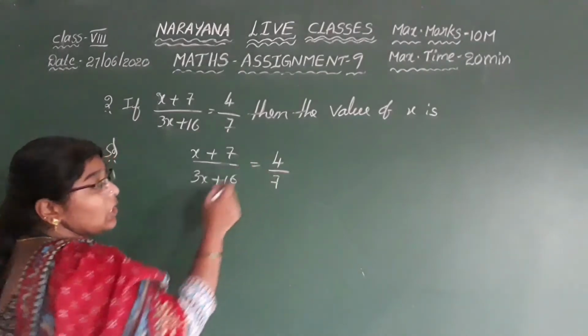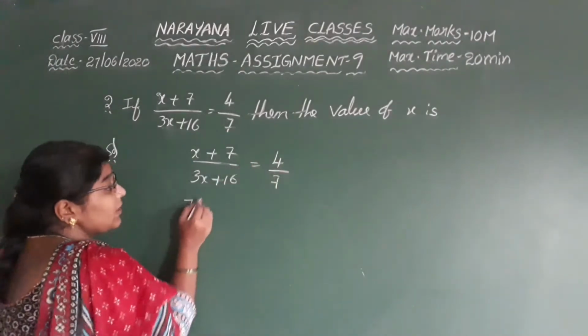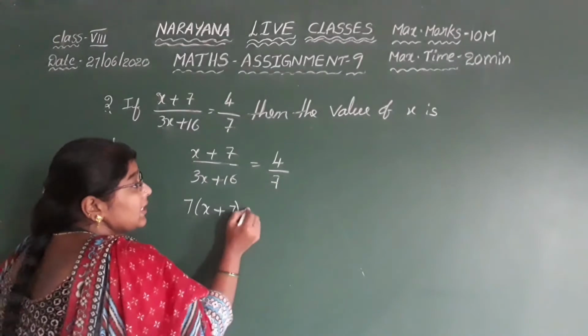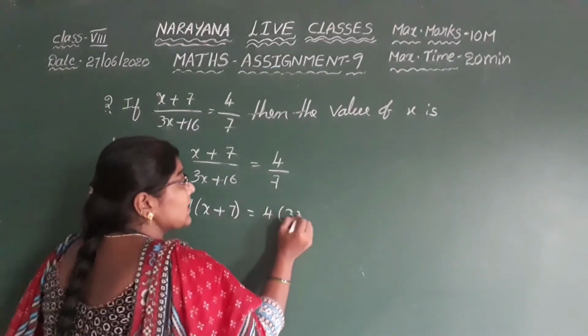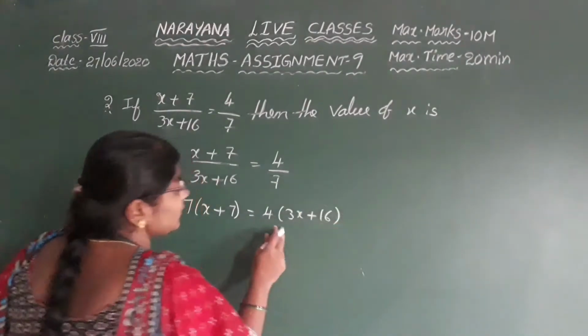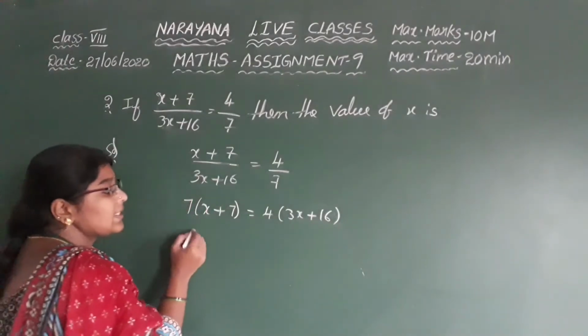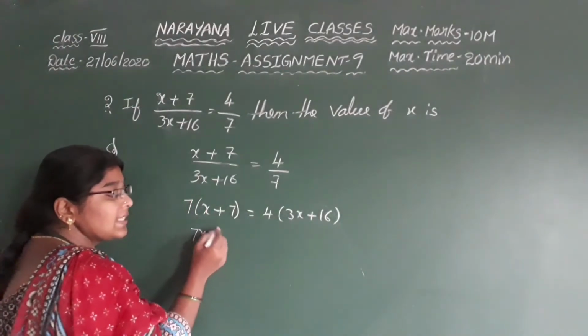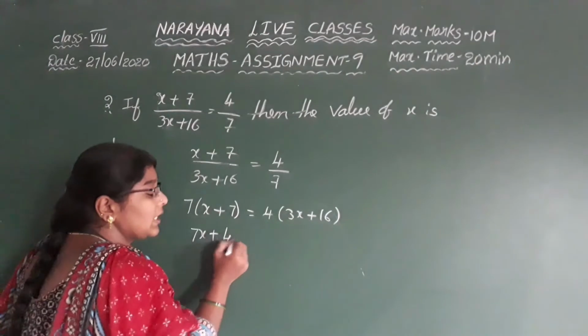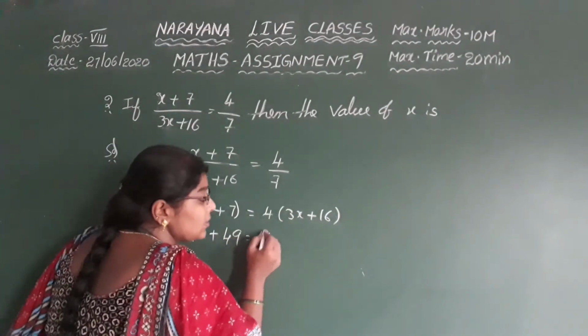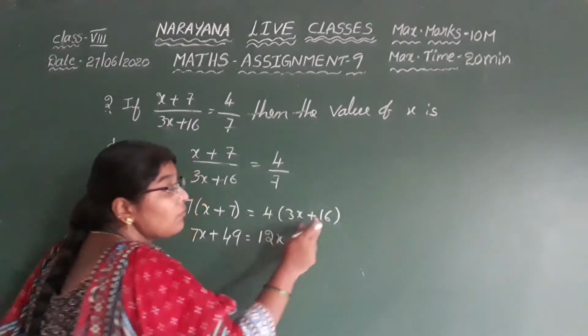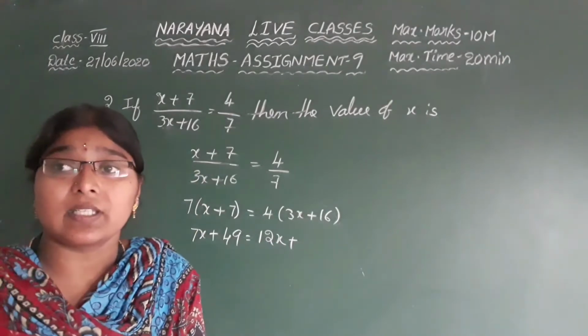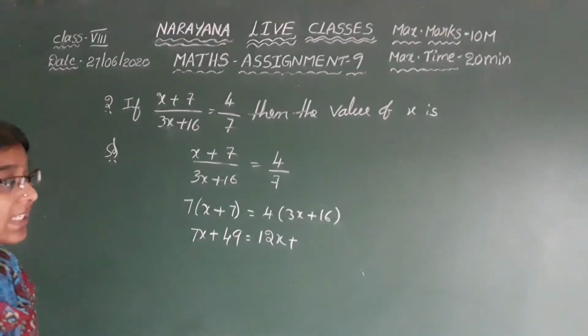So we are doing the cross multiplication, means 7 into (x + 7) is equal to 4 into (3x + 16). So 7 into x is 7x, 7 times 7 is 49. And 4 times 3x is 12x, plus 4 times 16, what is the answer of 4 times 16? 64.